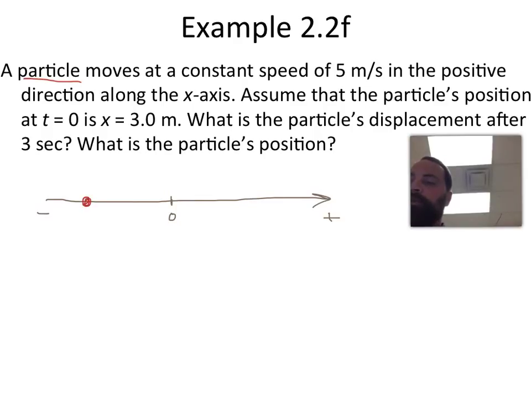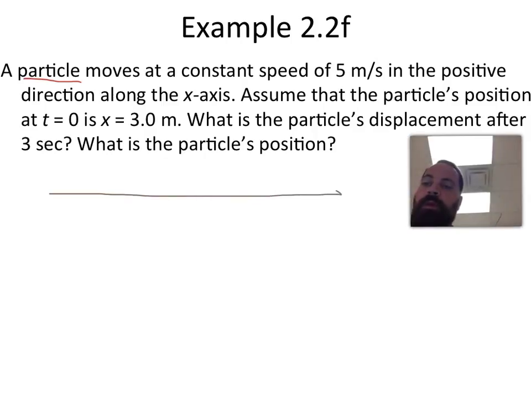Oh, I'm sorry, I don't want to do that. Let me back up and delete that whole thing. I'll draw my axis again. I wasn't paying attention to what direction it was starting at. So I'm going to put my 0 right there, and that's our positive direction.